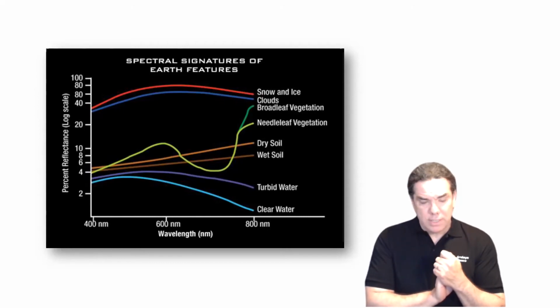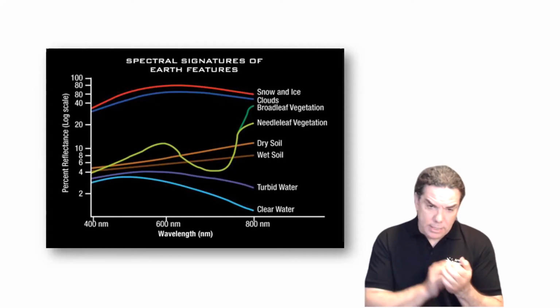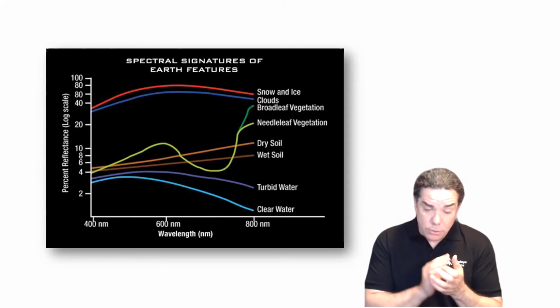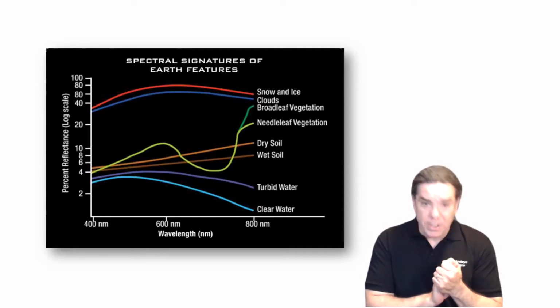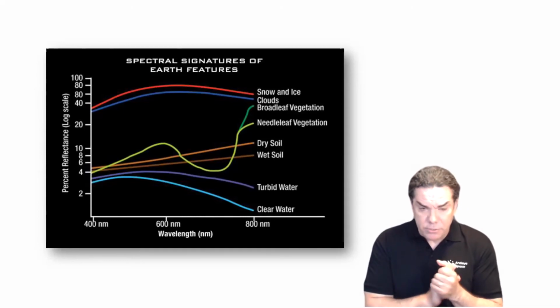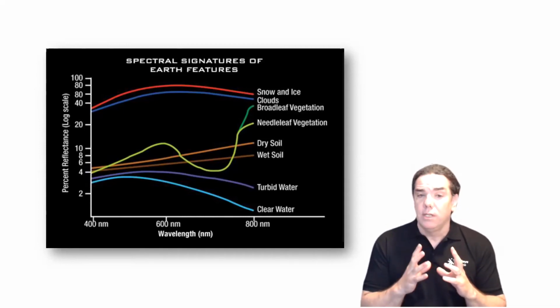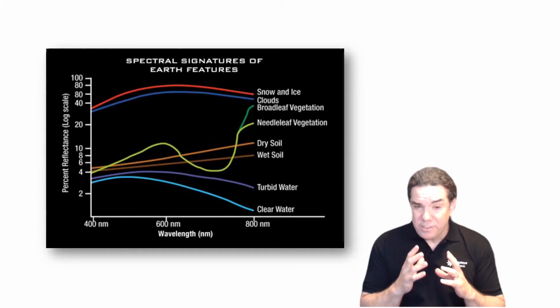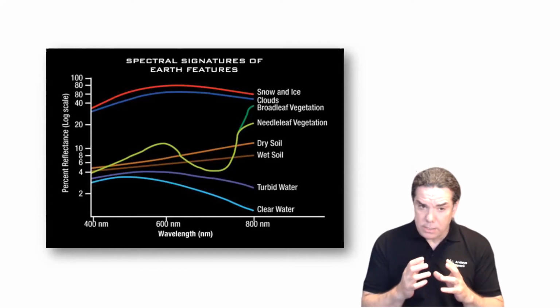If we follow, for example, the green line, which is the vegetation, we see that this starts at 400 nanometers. That means the bluish color. The bluish color is not reflecting too much. Take a look, because the reflection in the vertical scale is logarithmic.